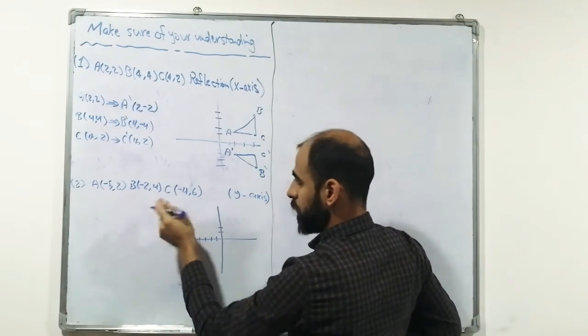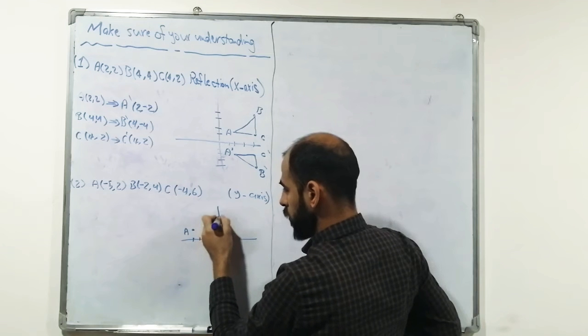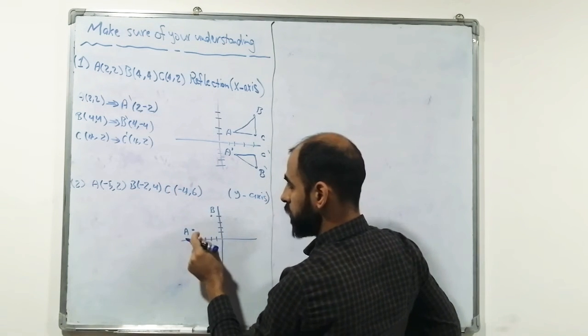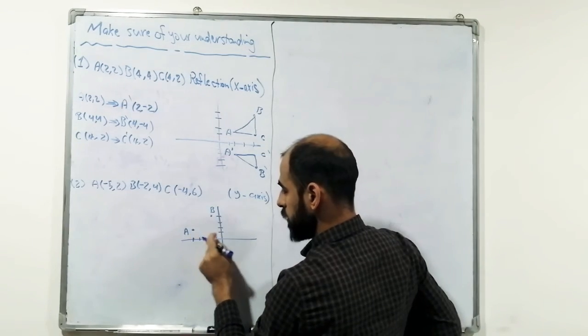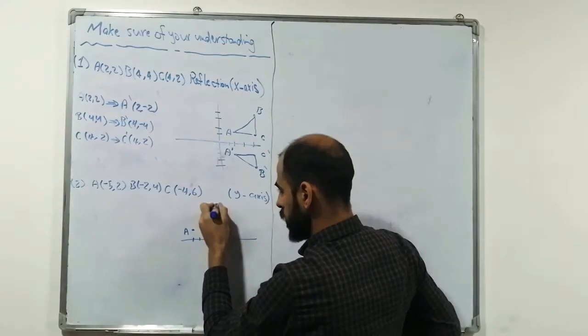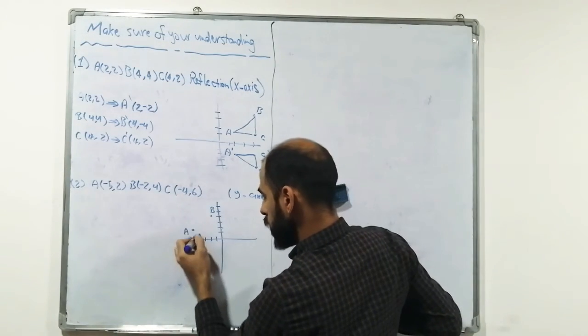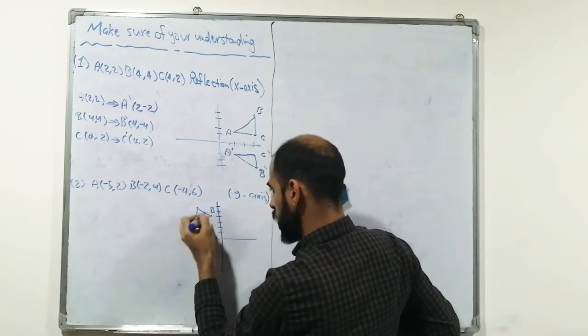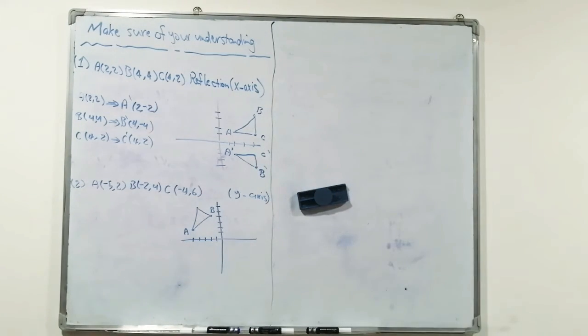This is A. B is (-2, 4): minus 2, then 1, 2, 3, 4. This is B, and C is (-4, 6). This is the figure, which is also a triangle.